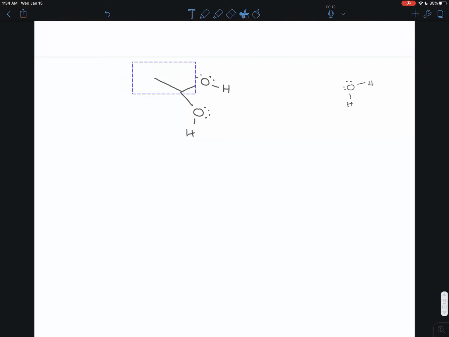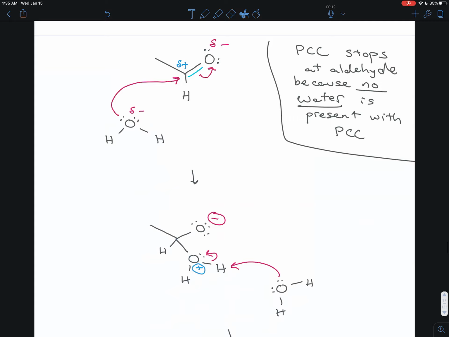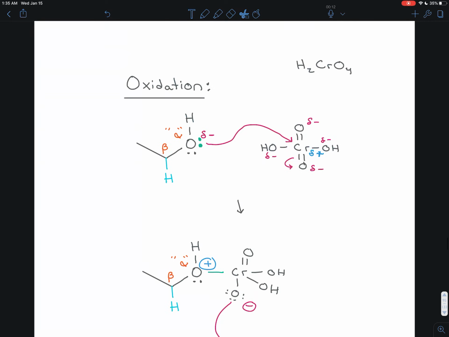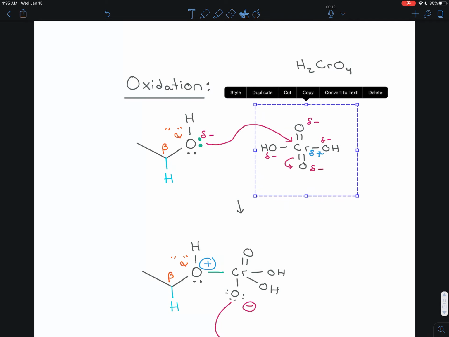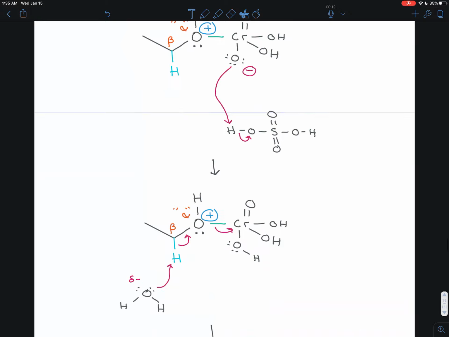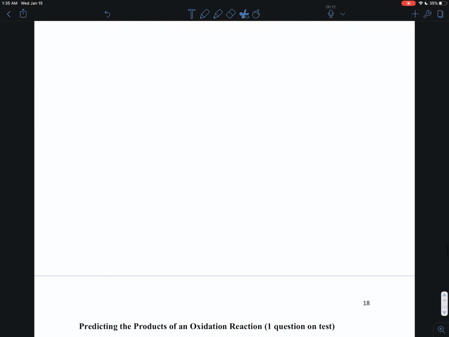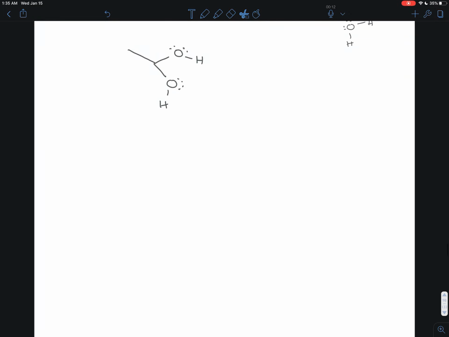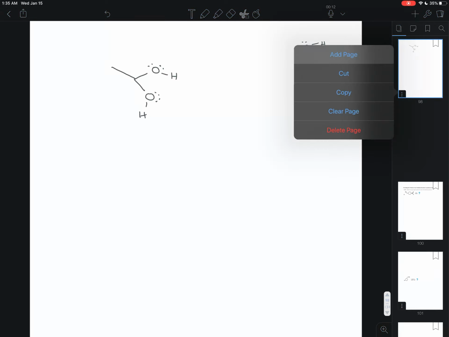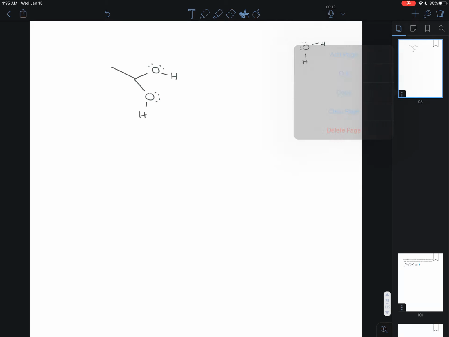And the alcohols can react with the chromium reagent now in the same way that they did before. Right, so we can take this chromium reagent that we had before, and one of the alcohols is going to attack it just like an alcohol attacked it before. And let me make just a little room here for us to work things out.